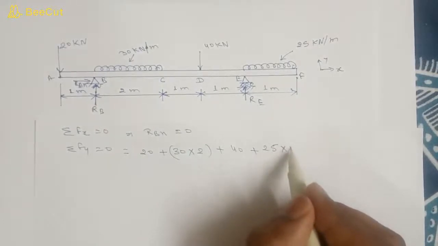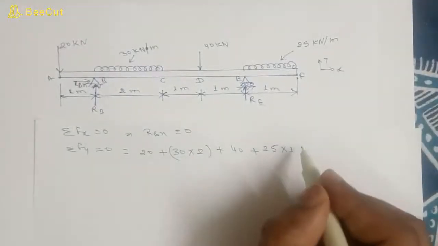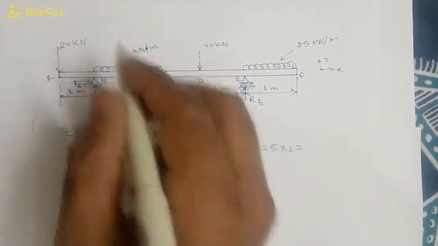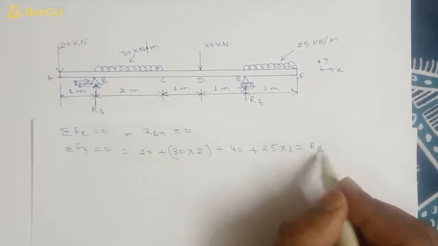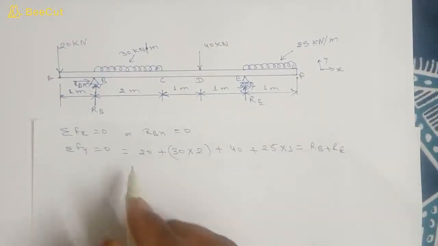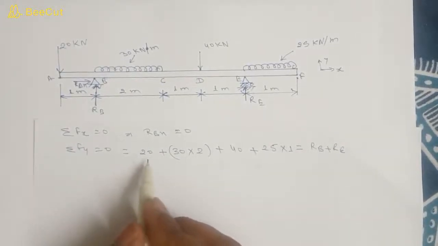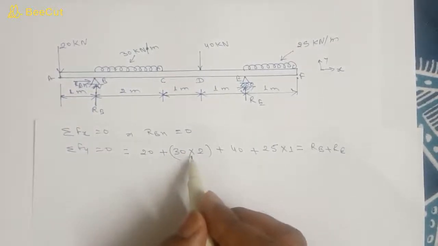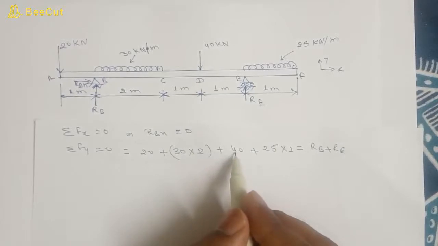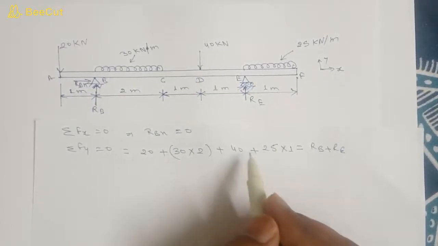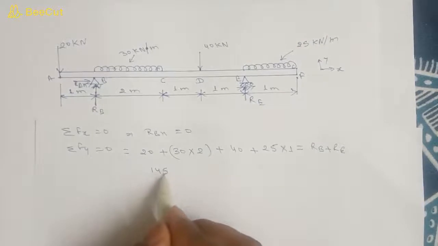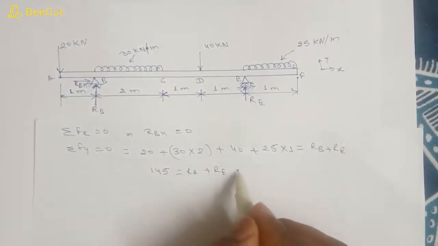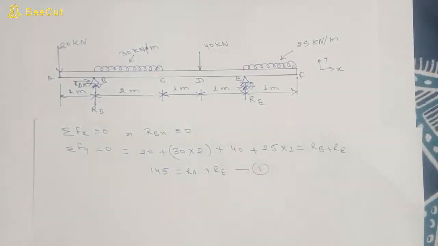We are writing all the downward forces first, then this will be equal to upward forces, so RB plus RE. So if you calculate, 20 plus 30 into 2 is 60. So 20 and 60 is 80, 80 plus 40 is 120, 120 and 25 is 145, equal to RB plus RE. So this is equation 1.